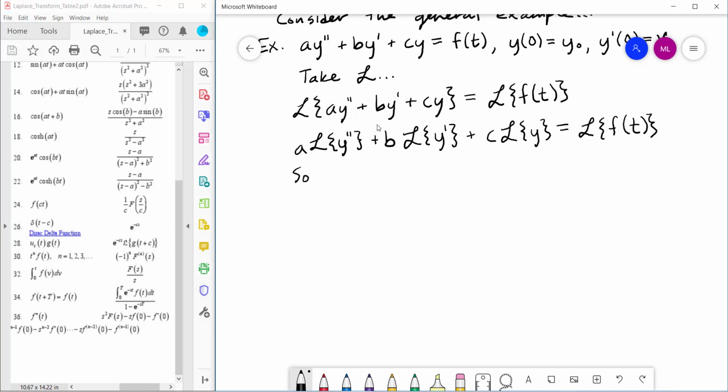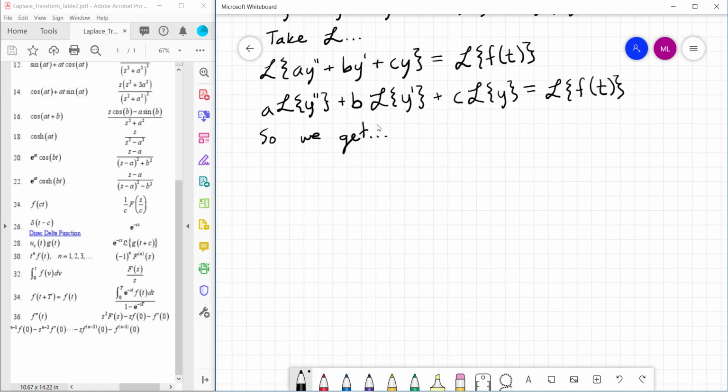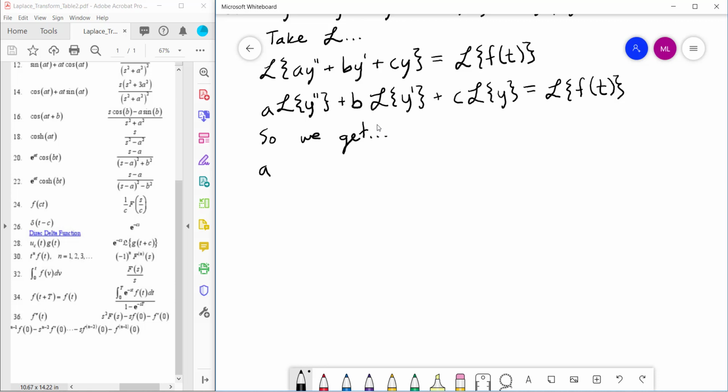So we're going to get the following, and it's going to be kind of a long expression, so let's get some room here. First, I'm going to have a, and that a is going to be multiplying the Laplace transform of y double prime, which is right down there. So it's going to be s squared capital Y of s minus s times y of 0 minus y prime of 0.